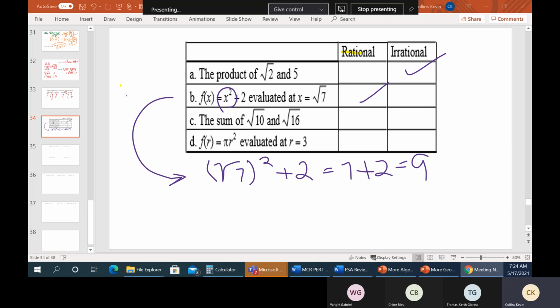Yeah, that one would be irrational. Good. The reason for that is, yeah, the square root of 16 is 4, but then you have to add it to the square root of 10, and we can't get rid of the square root of 10. So that's going to be irrational. Good.